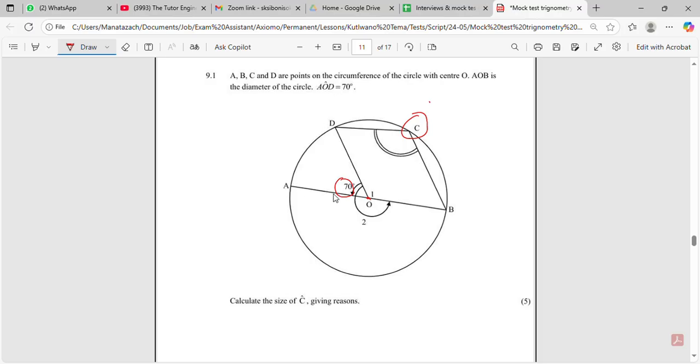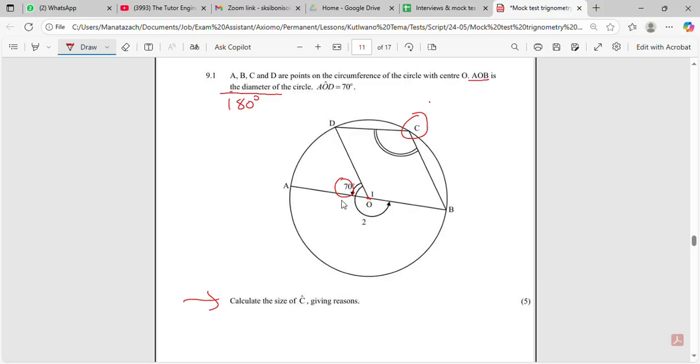So there is the diameter, right? And then AOD is 70. So the question is: calculate angle C, giving reasons. So angle C, we've already mentioned, is the angle at the circumference. So if for instance they say AOB is a diameter, we know that all diameters are straight lines, so they have an angle of 180 degrees.